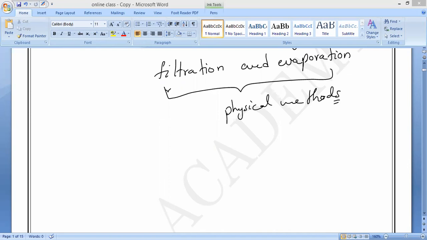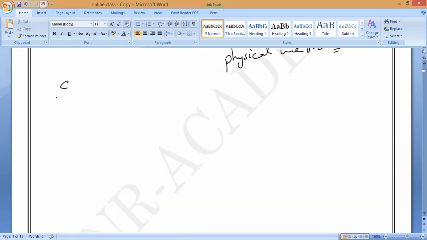Most of the mixtures, are they heterogeneous or homogeneous? Heterogeneous in nature. Most of the mixtures in our surroundings are heterogeneous, except solutions and alloys.